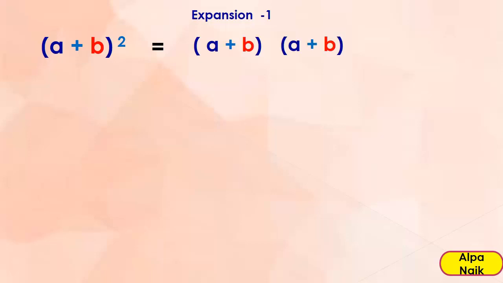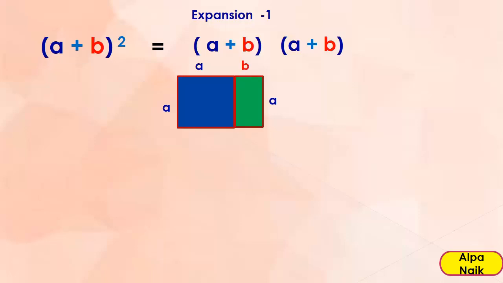Expansion 1. (a + b) the whole square means (a + b) into (a + b). Now let's understand this expansion with the help of a geometrical figure. Let's draw a square having the side a. Now we extend the square by the length b on both sides.